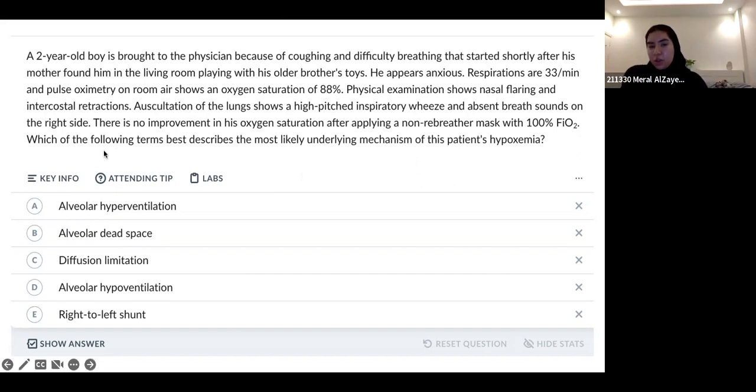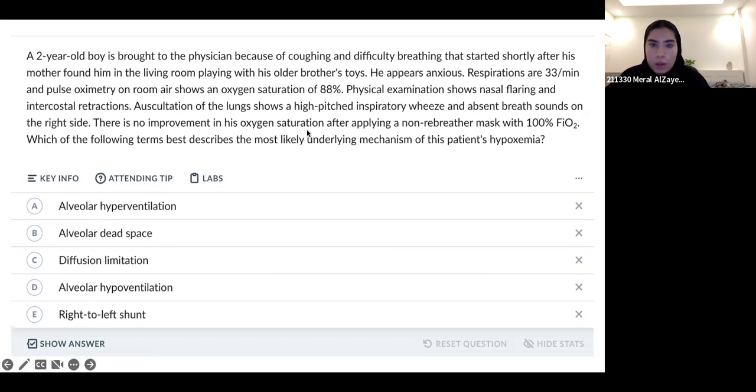This isn't in this lecture, but if you recall from anatomy, the right side of the lung is the most common location for toys to be aspirated when a child breathes. Do you guys know why? This isn't part of this lecture, but it's very important for CVP.